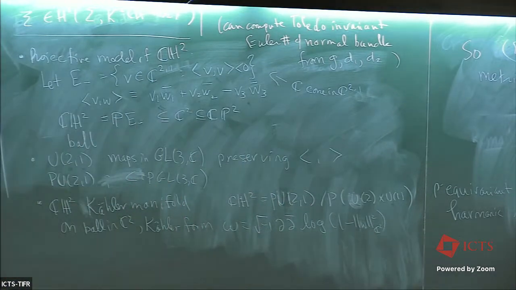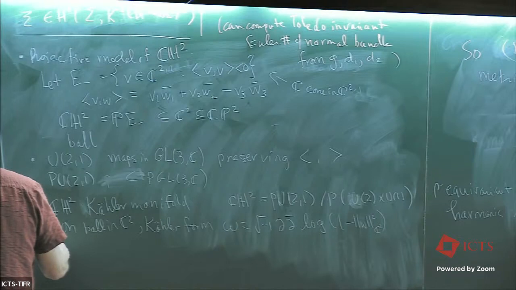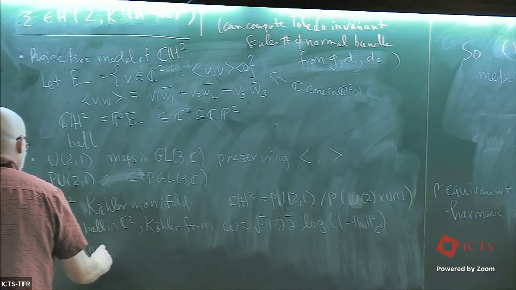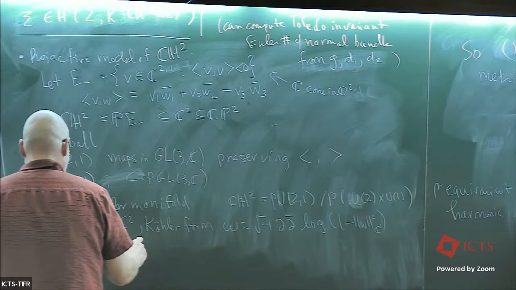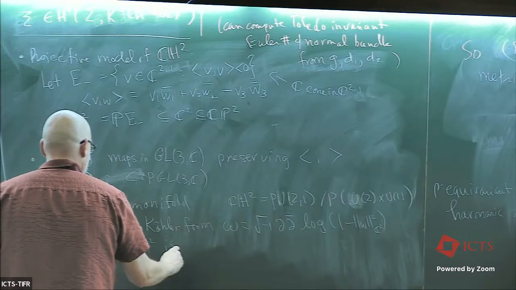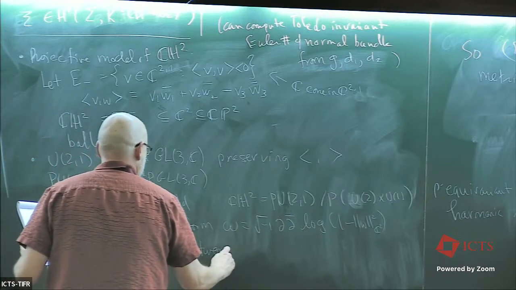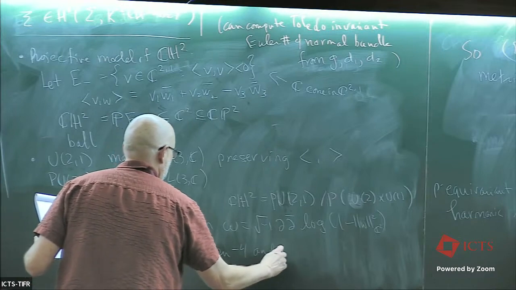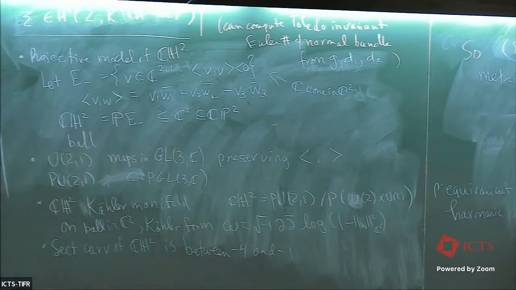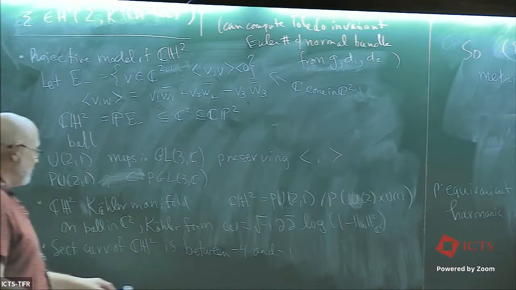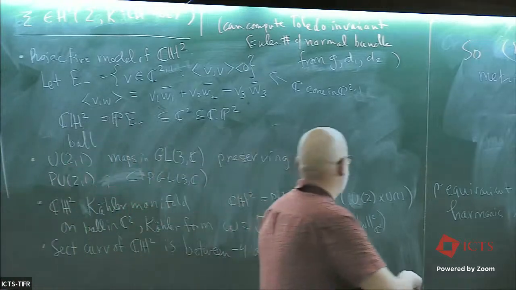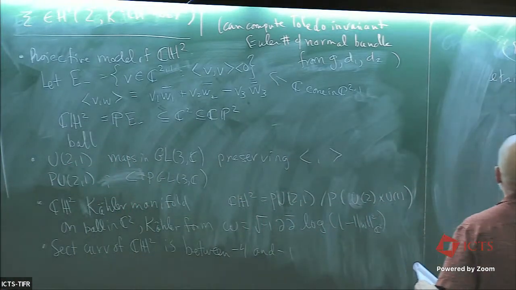Okay. Some more facts about this: the sectional curvature of CH2 is always going to be between -4 and -1. So for every point in CH2, if you look at a two-plane inside the tangent space, its sectional curvature is going to be between -4 and -1.